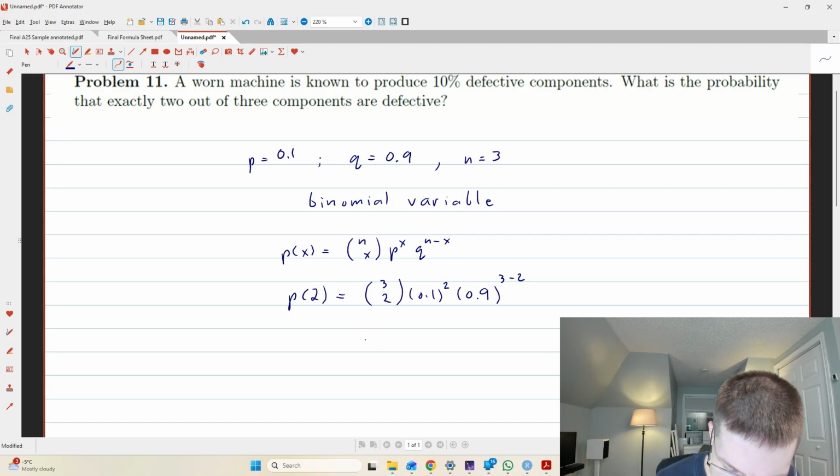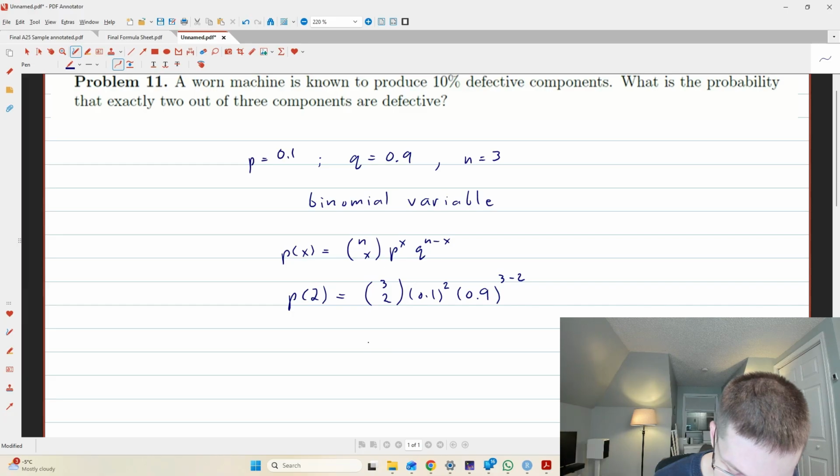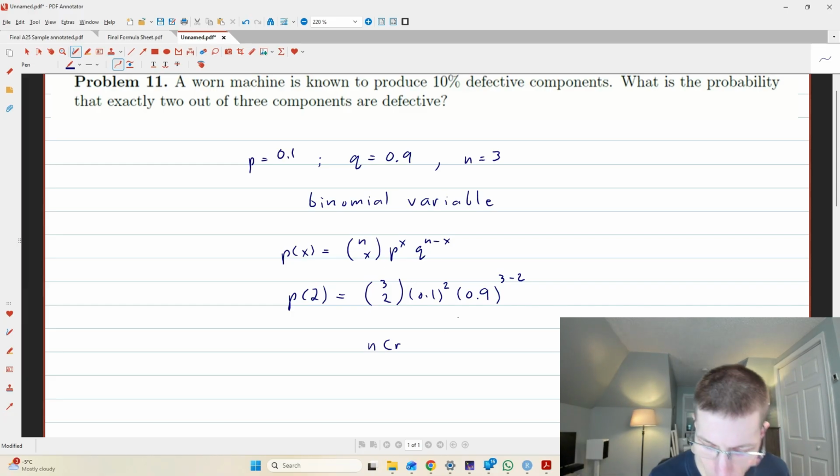So in a calculator, this would probably be written as, actually, the button would be nCr. But you can also say, okay, I want to calculate that and show my work, which is a good idea as well.